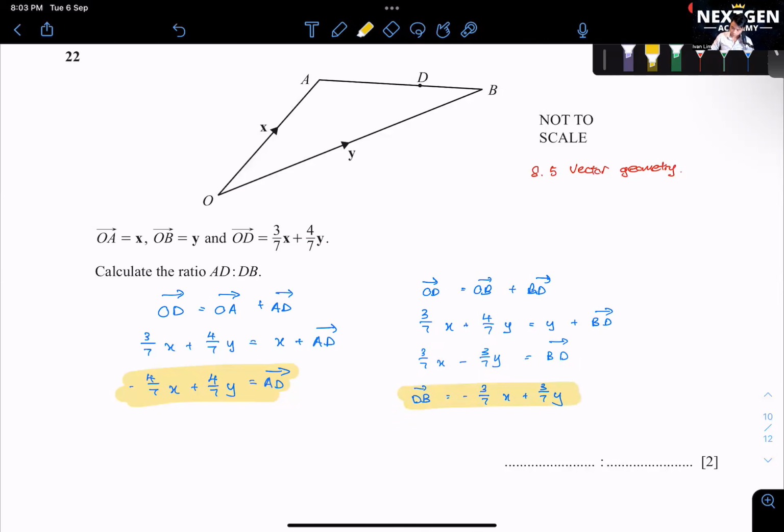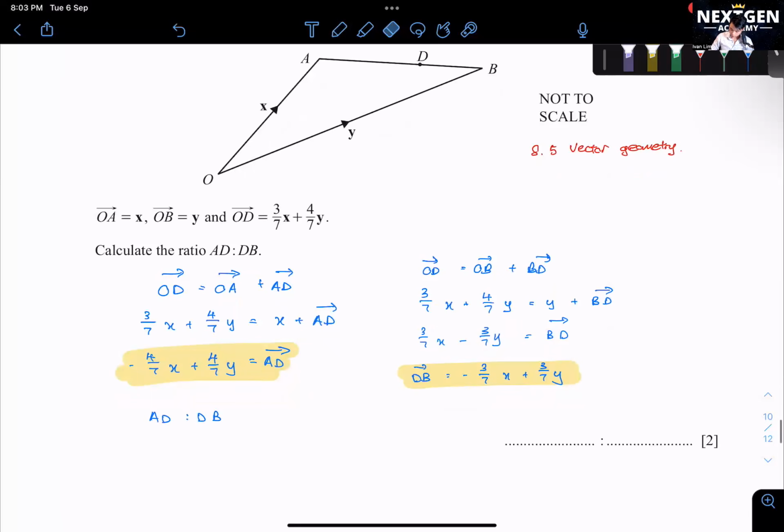Okay, then how do we compare AD to DB? Okay, or you can write here. Okay, you can factorize out like that. AD equals to -1/7, then 4x plus 4y.